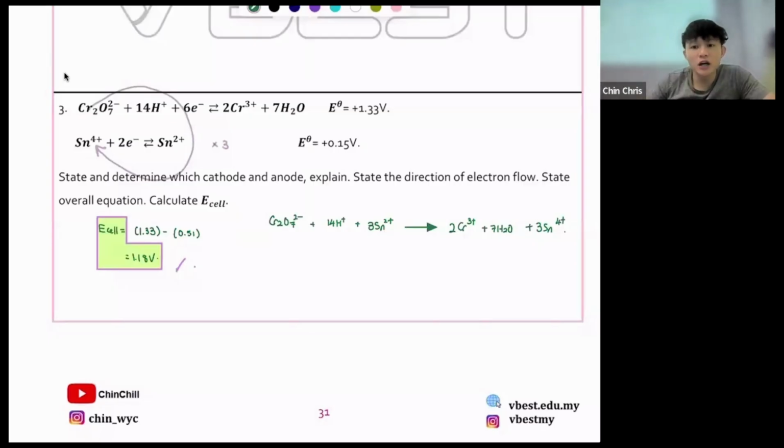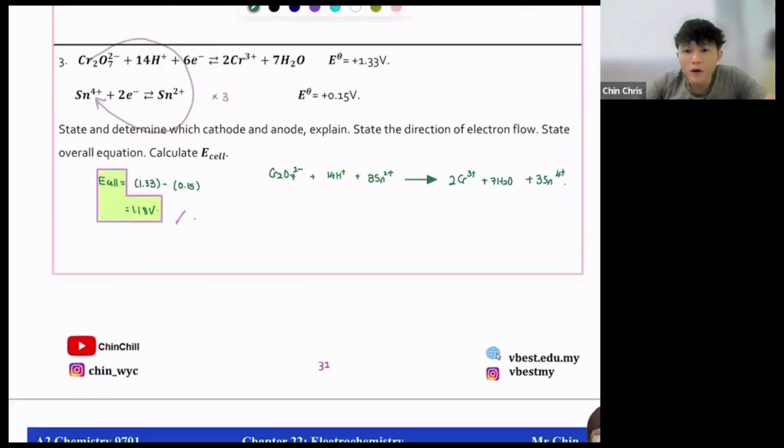Next, I want you guys to tell me the direction of electron flow. So why is it minus 0.51? 0.15, sorry, bro. My bad. Okay, guys, next. How do you find the electron flow? Again, this is more positive.